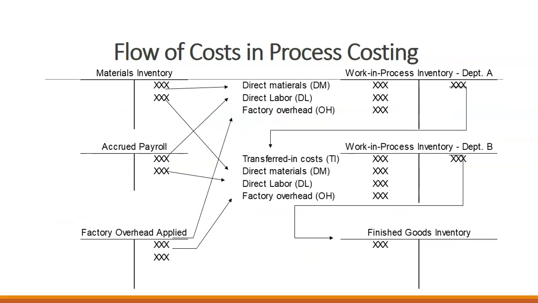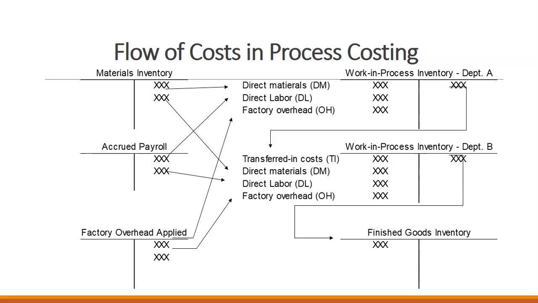When we're looking at the flow of costs and process costing, in this example, we have 2 departments. So we have materials inventory, direct labor costs, and factory overhead. So we start by putting direct materials, direct labor, and overhead into Department A. When Department A is finished with their process, they send it on to Department B to go through the next step of the production process.